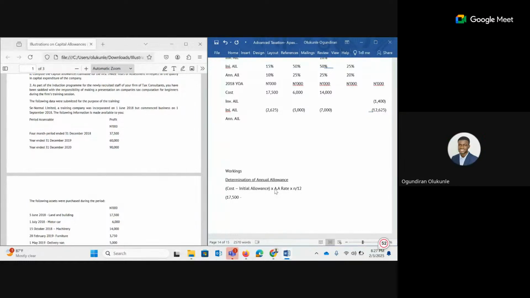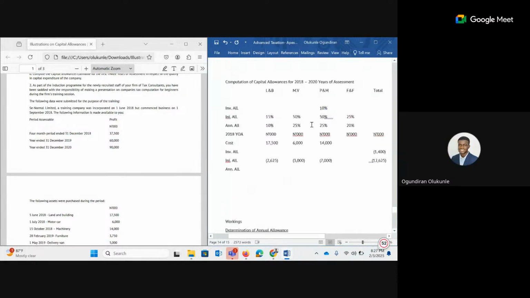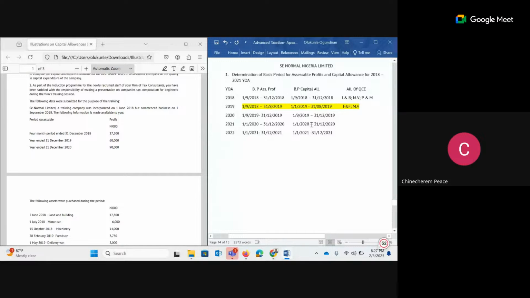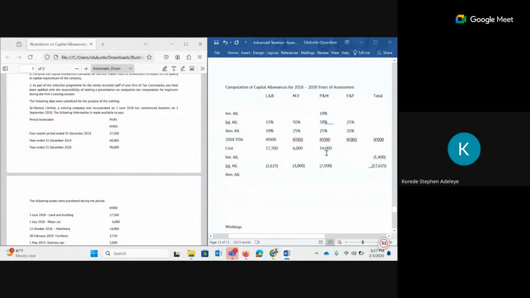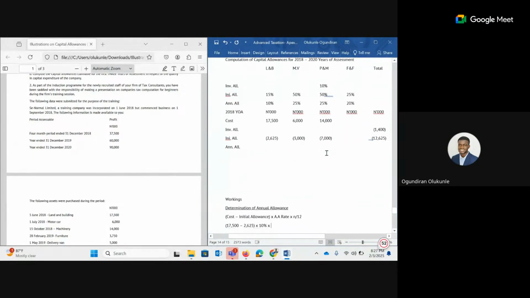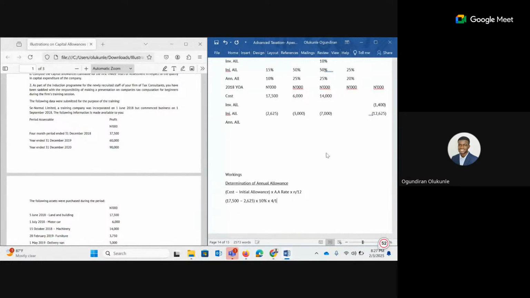What's the initial allowance? 2,625. What's the rate? 10%. How many months do you have between September and December? 4 months. So you do 4 over 12.